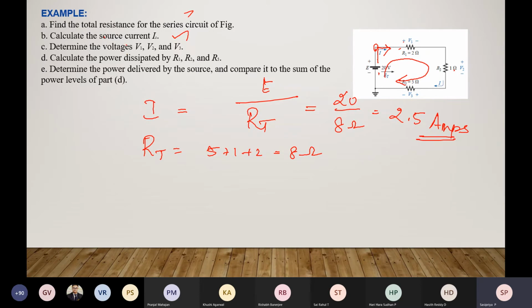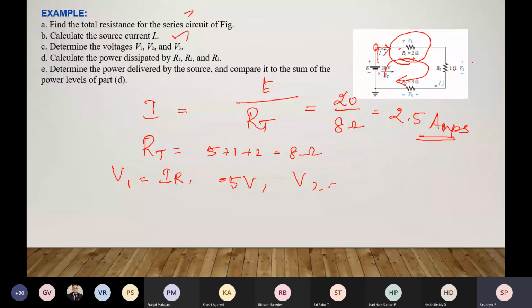What is the next question? Determine the voltages V1, V2, V3. You can compute it. V1 is the voltage drop across the R1 resistor, so we can find it as I into R1. What is I? I is 2.5. So 2.5 into 2 ohms, 5 volt.